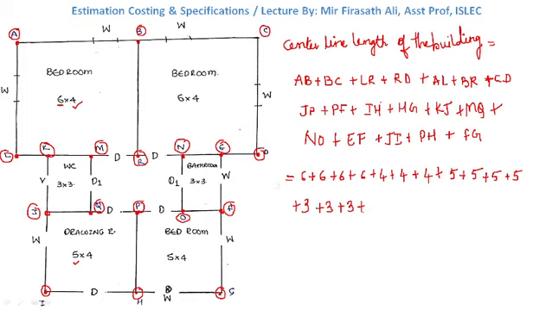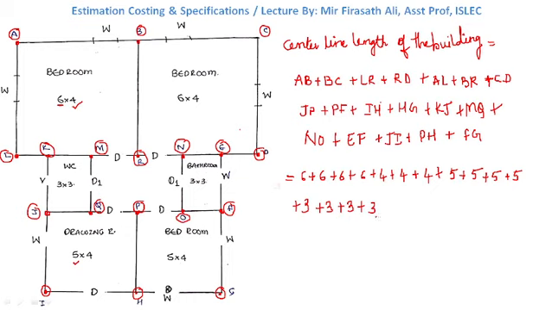What are we writing over here? EF we have written. Yes. Now, the last is JI. HG was 5, after HG KJ was 3, MQ was 3, NO is 3, EF is 3 over here.